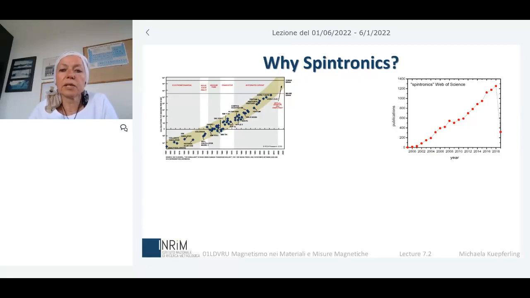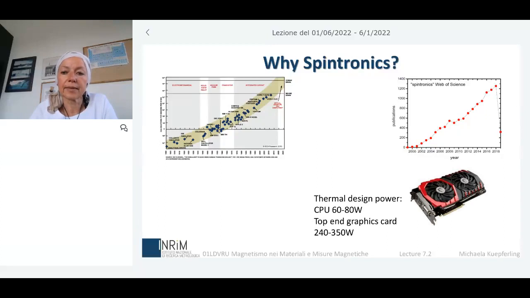And so spintronics was created by the semiconductor research community. And there was a great interest, of course, from the electronics industry.